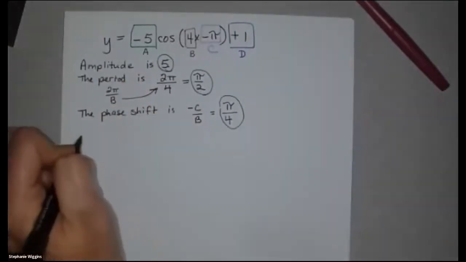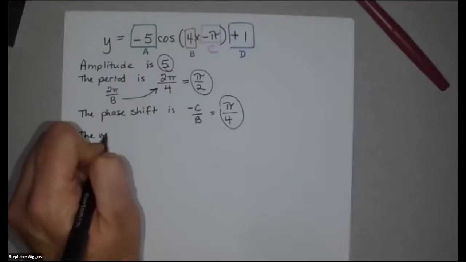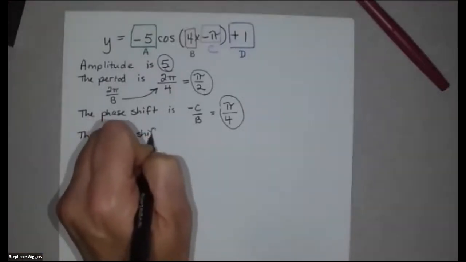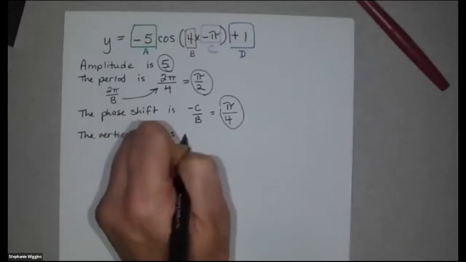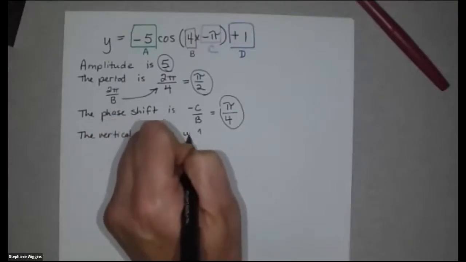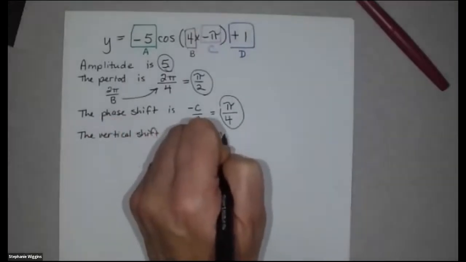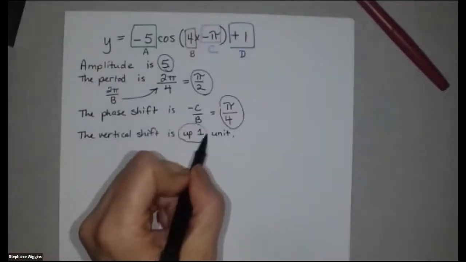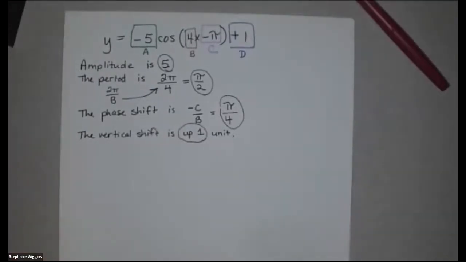And finally, the vertical shift is up 1 unit. Okay, so those 4 properties help us understand the graph of our trig functions. In this case, it's cosine.